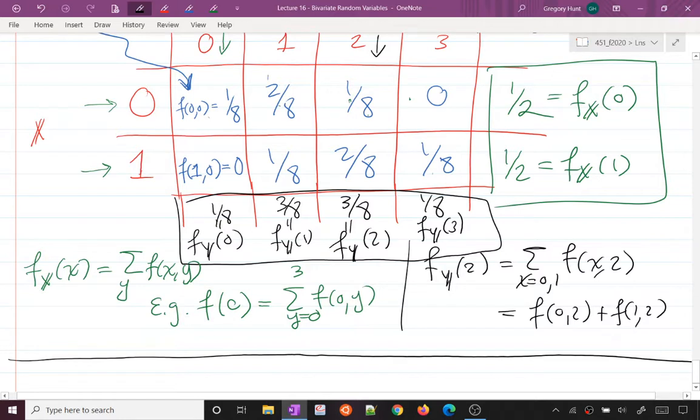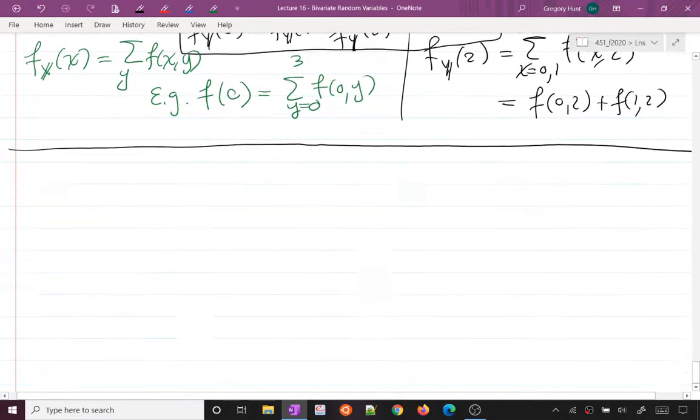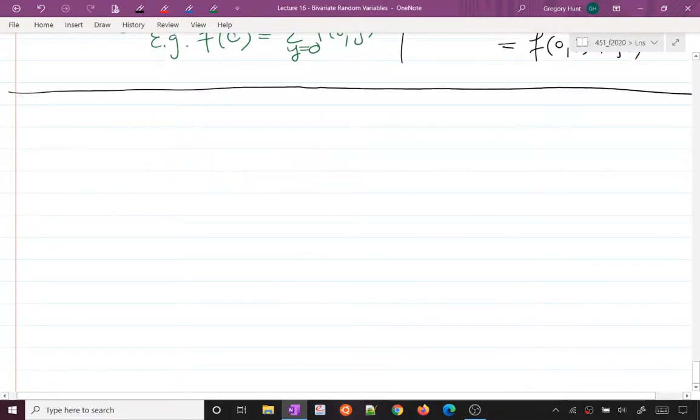So we have this idea of this joint PMF when we have joint discrete things. Of course, the next thing we want to move on to is the joint PDF, right?